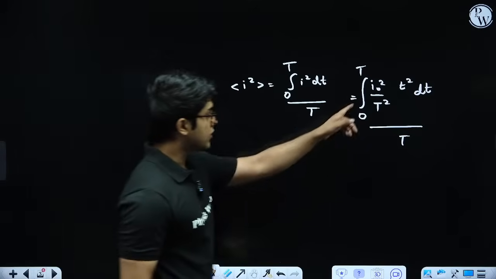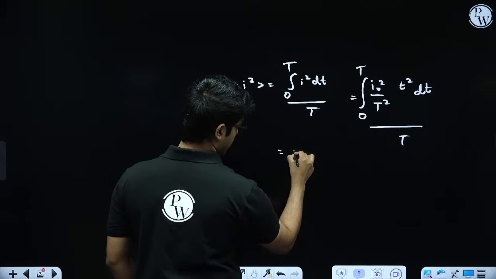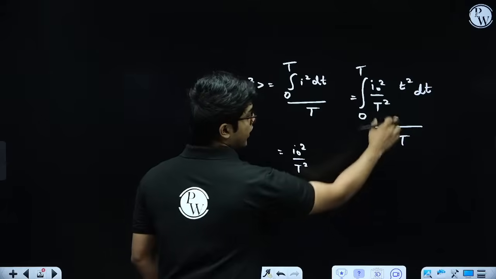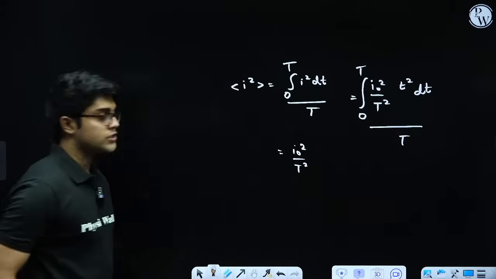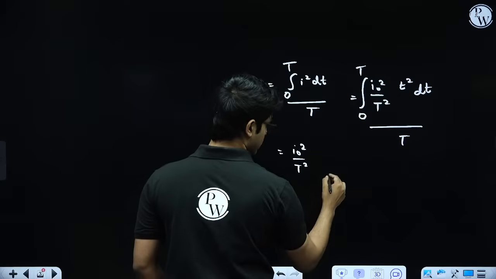Here I naught and T are constants, so we can take them out. It will be I naught square divided by T square, and then we have the integral of t squared, which is straightforward: t cube divided by 3. We put the limits as well.